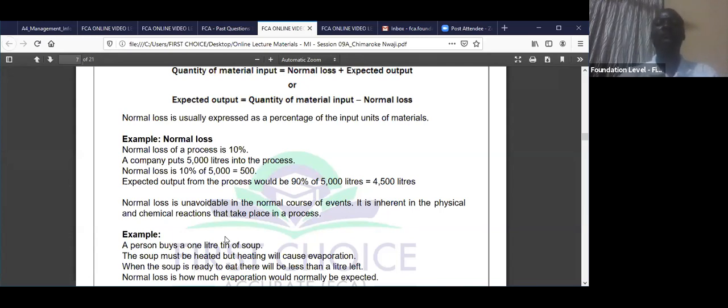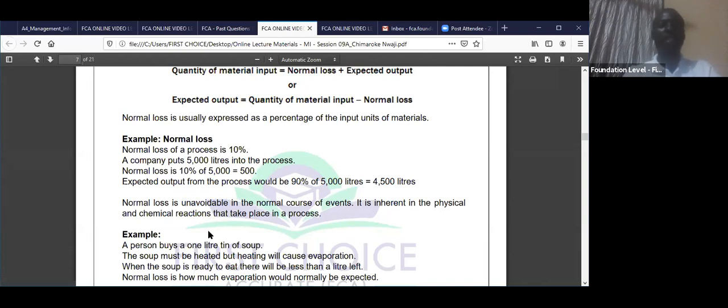Since they are unavoidable costs, you cannot run away from them. When we were learning relevant costs and non-relevant costs, we said avoidable costs are relevant, unavoidable costs are non-relevant. Because it is unavoidable, you cannot escape it, so it is not used to make decisions. So you'll always be expecting a normal loss.